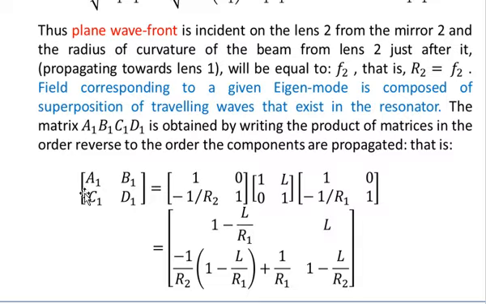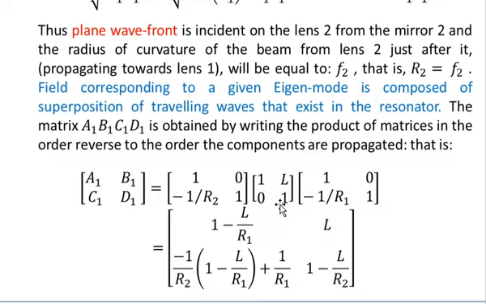So now I am writing the matrix A1, B1, C1, D1 which takes care of the propagation of the field just after the mirror 1 and just before the mirror 2. For that one, I am writing out, on the right hand side, the matrix for the lens 1, which is 1, 0, minus 1 over R1 and 1.